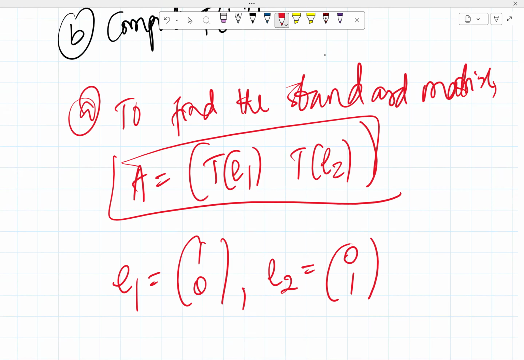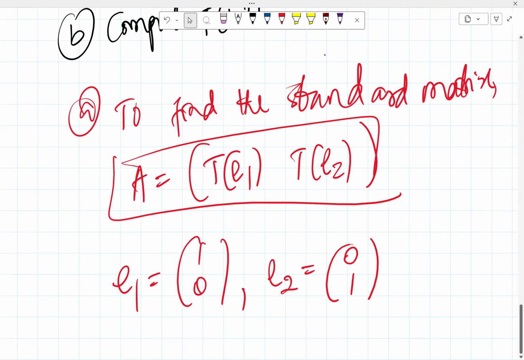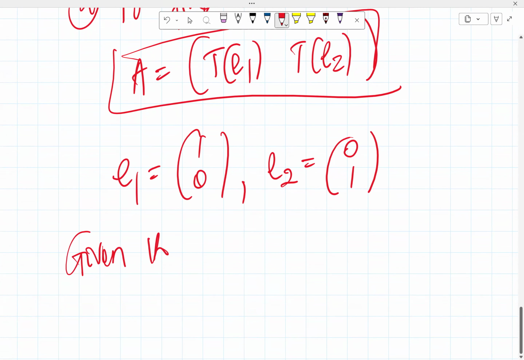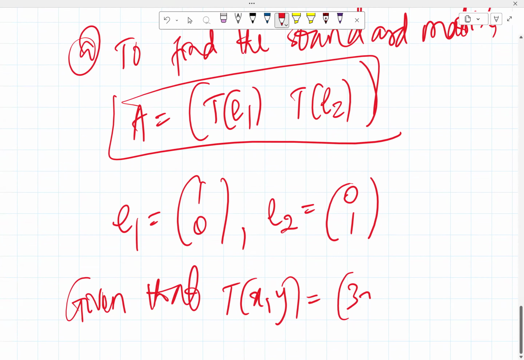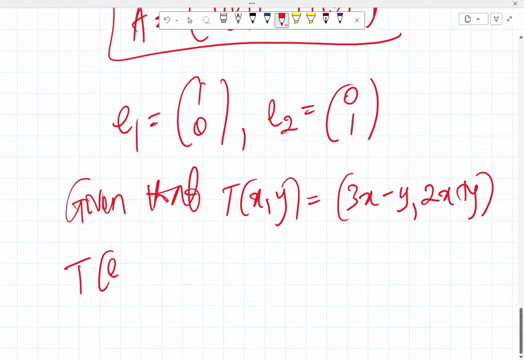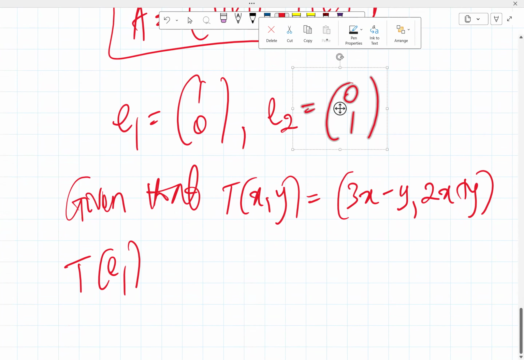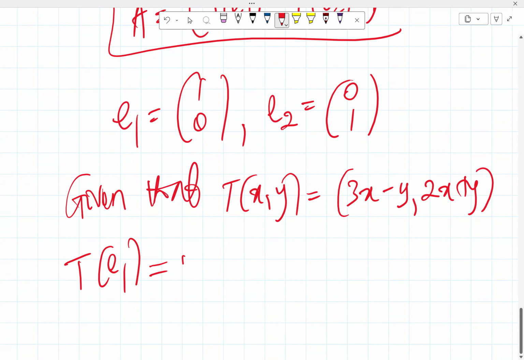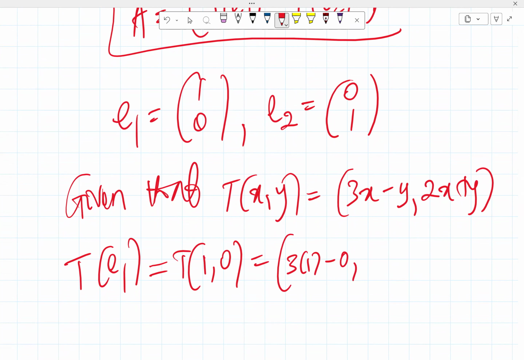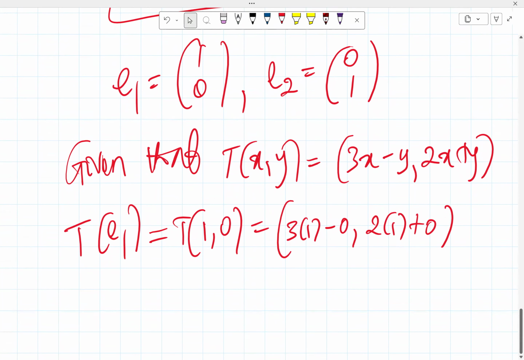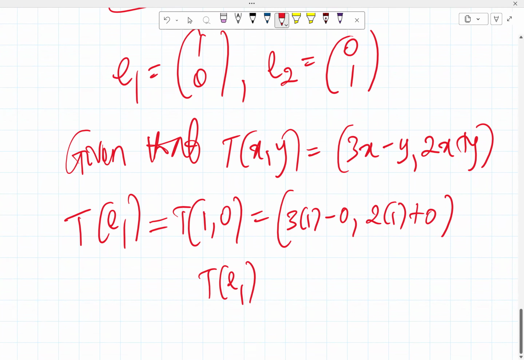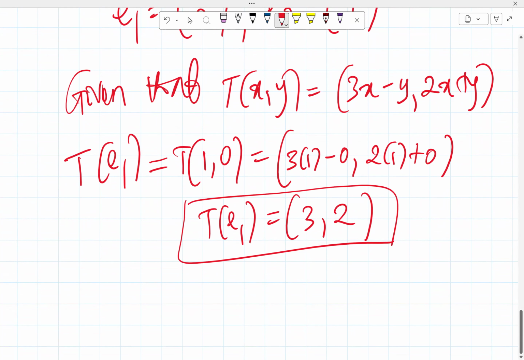So now that that is taken care of, given that T of (x, y) is equal to (3x minus y, 2x plus y), then T of e1, which will form the matrix, is T of (1, 0), which means we have (3 times 1 minus 0, 2 times 1 plus 0). So T of e1 is (3, 2), which is necessary for the matrix later.